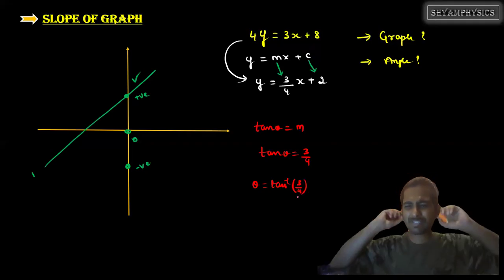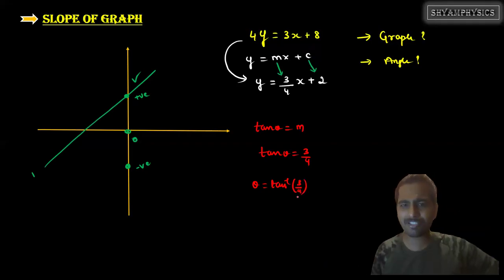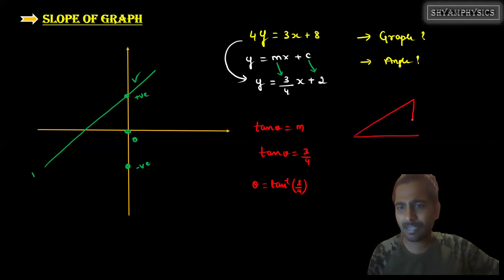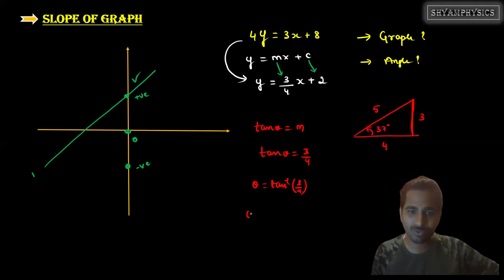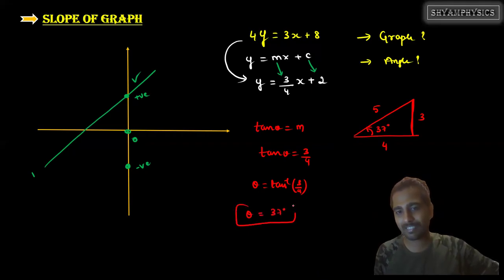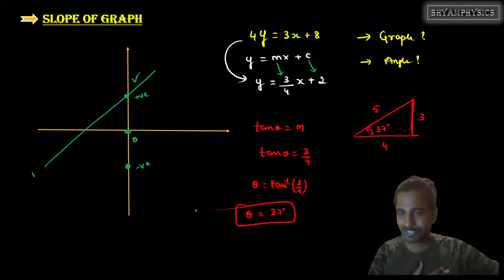What is tan inverse of 3 by 4? We solved this somewhere else. In this right angle triangle, you might remember, if this is 3 and this is 4, it will become 5. This angle we represented as 37 degrees. So the theta value is 37 degrees. I practiced this just 2 videos back.